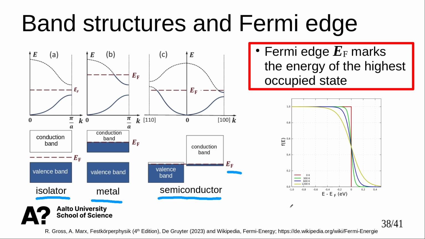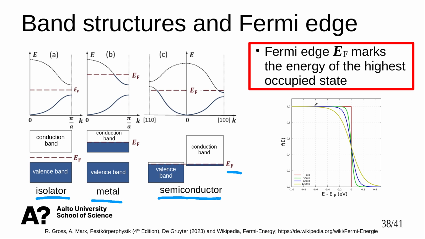What it means in practice is that the electrons, because they get some thermal energy, and the ones close to the Fermi edge, jump out of the valence band and go towards the conduction band. So your step function becomes a bit more soft, and that's basically what that smearing here shows.